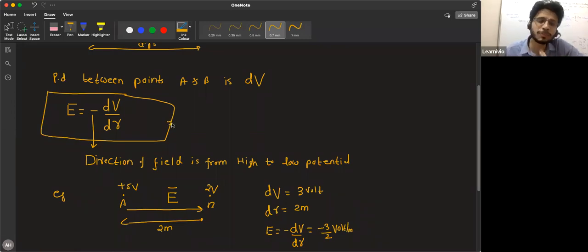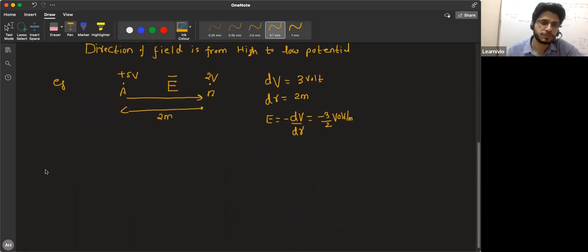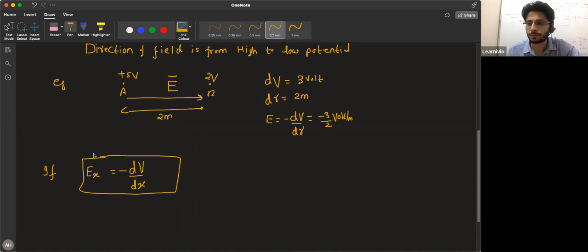We can use this expression in various forms. See, if I write minus of dV over dx, you're differentiating with respect to x, then you will get x component of field. If you differentiate it with respect to y, then you will get y component of field.